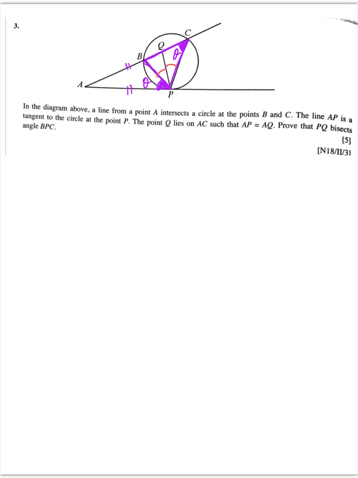Okay, all right, so we're going to start now. So I can have tangent chord theorem. All right, so I can let angle APB equal to theta and angle BPQ equal to alpha.